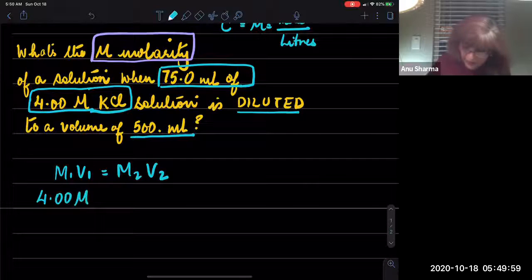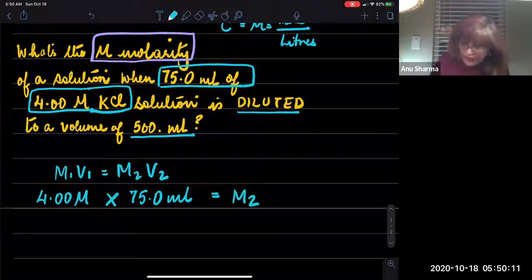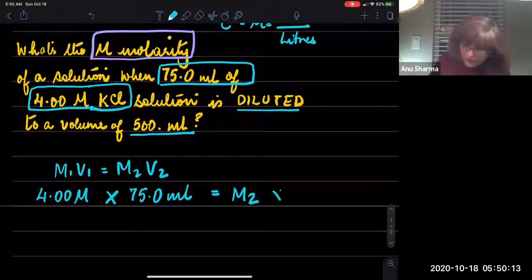4.00 M times the volume, 75.0 milliliters, is equal to, we need to find the molarity, M2, of the more dilute solution, and that more dilute solution is 500 milliliters.